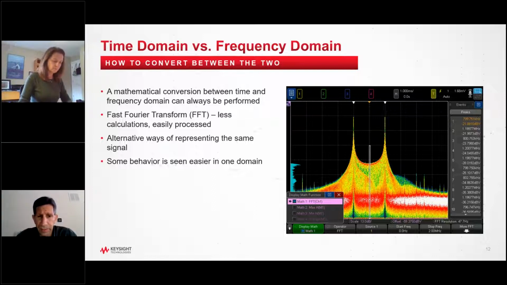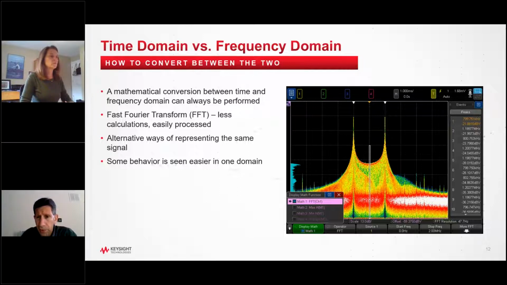So again, depending on what you're doing, the behavior you're trying to track down, the problems you're trying to troubleshoot, it might be easier to look at the signal in the time domain or the frequency domain. Again, this is an oscilloscope, but it's doing an FFT. So you see a couple of frequency peaks here.